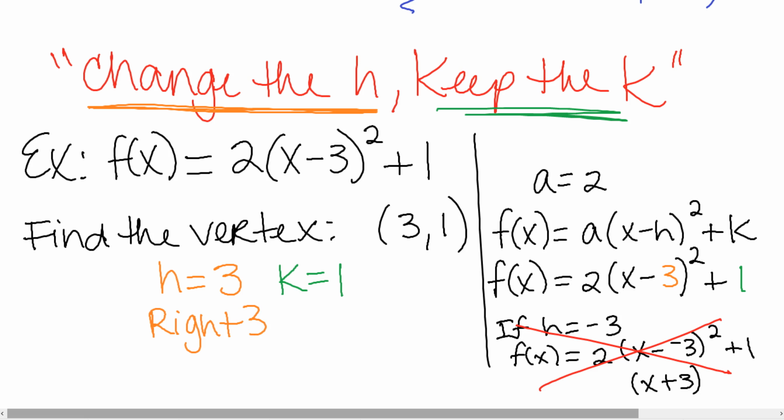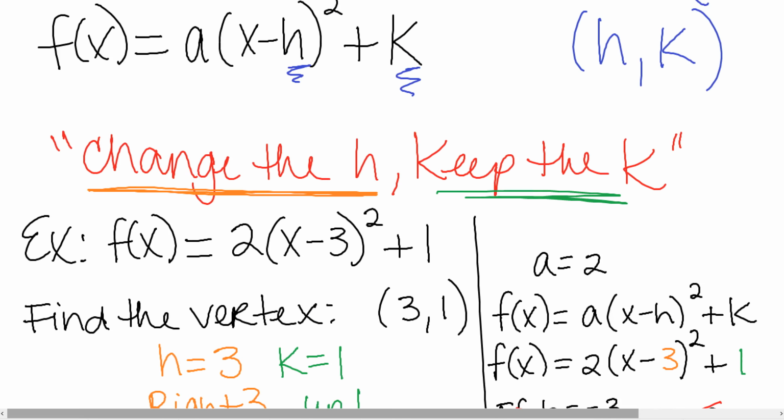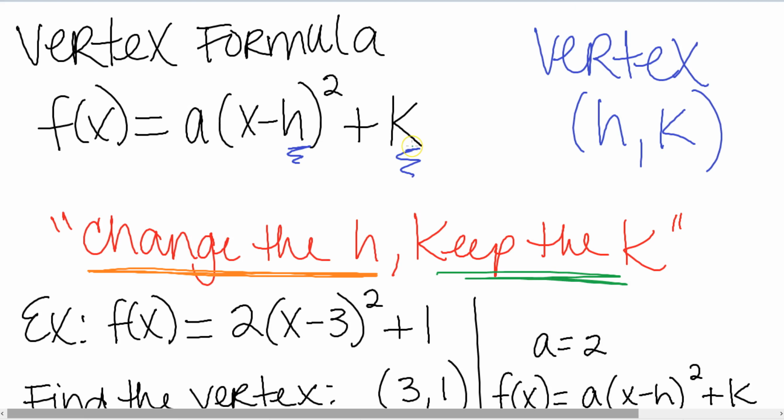If your k is 1, that means you're going up 1. Okay? So this form is super helpful because it tells you not only the vertex of the parabola, it also tells you your horizontal and vertical shifts, as well as a few other things.